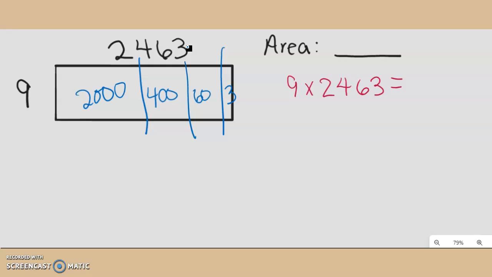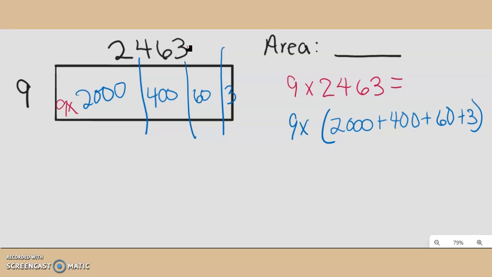Okay, so then write your 2,000, 400, 60, and 3. You're going to do that. Then you're going to multiply all of that times 9. So I'm going to do 9 times 2,000, 9 times 400, 9 times 60, and 9 times 3.